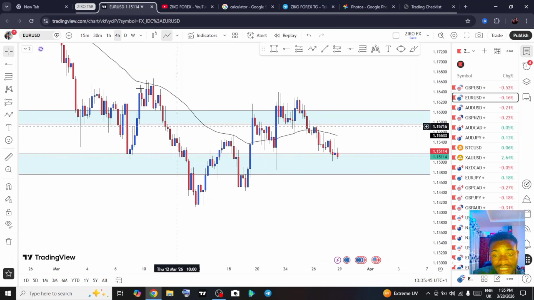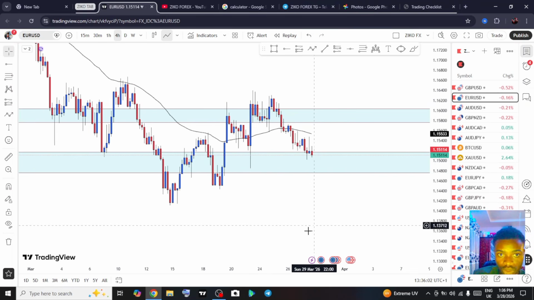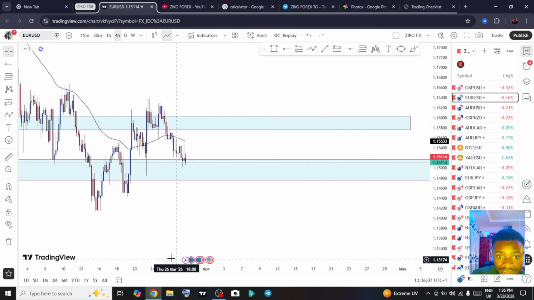Now, how do we play this market? Again, what we are mostly going to be looking for is a break and a retest to sell, right? We already know that the direction of the market we're going to be taking next week on Euro USD is supposed to be sells. So what do we do? Look for a clean place to sell from.